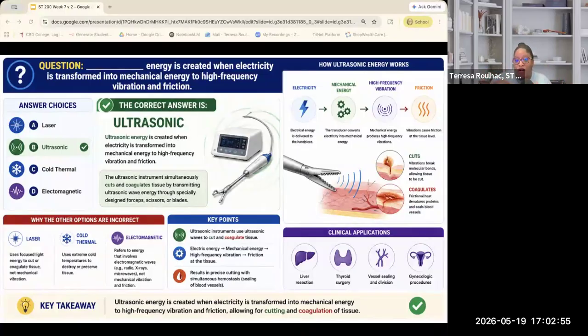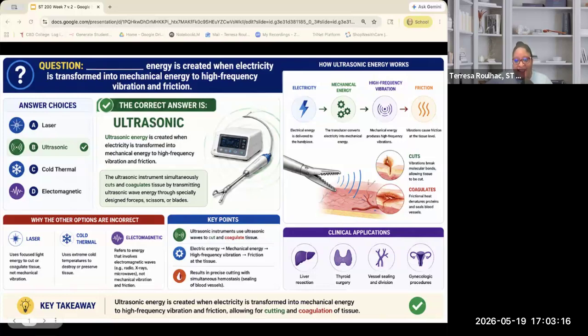We have scissors that are used and blades. So that's why if you see this concept again, you'll look and you'll be like, okay, wait a minute, we're looking for ultrasonic energy. Does that help break down that concept? Like if you were to see it again?